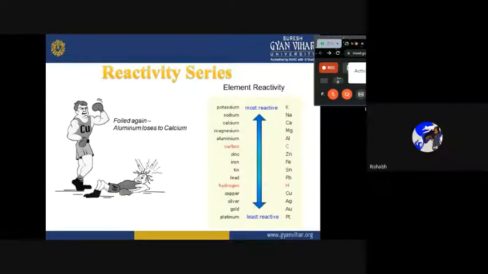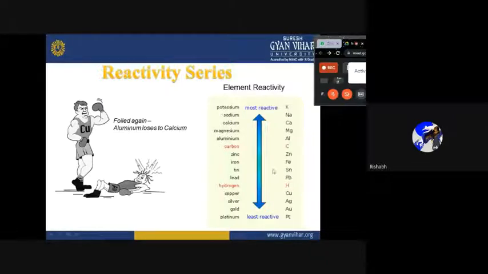In this series you can see the elements in the order of their reactivity. The most reactive elements are at the top of this chart, and as we move down the chart, the reactivity is decreasing. At the bottom you will find the least reactive element, and at the top the most reactive.